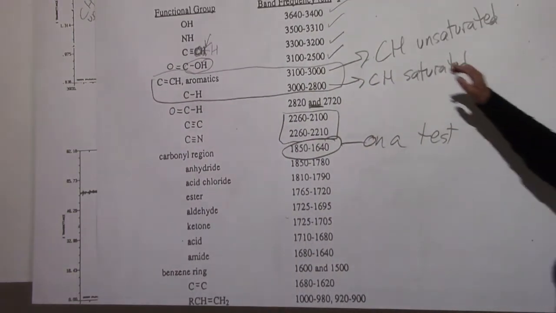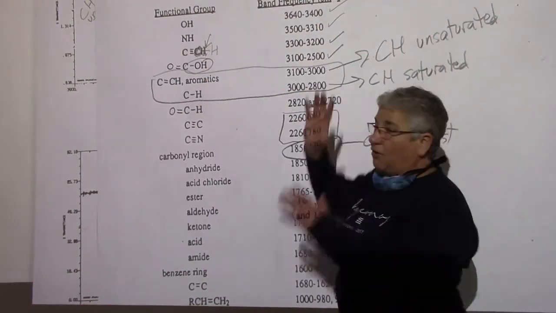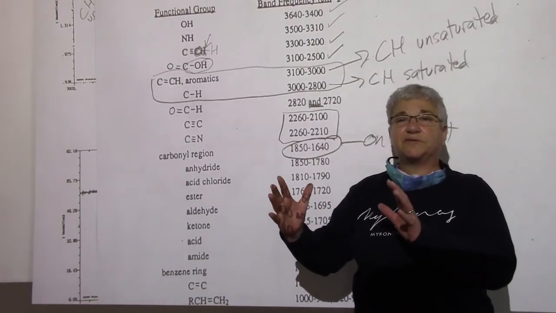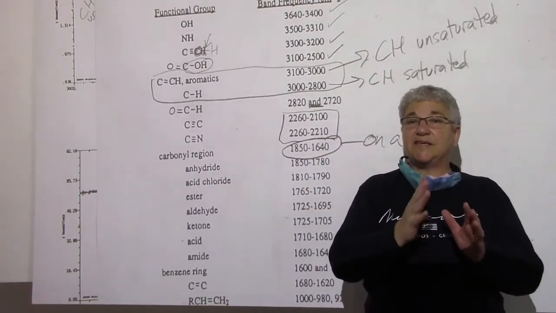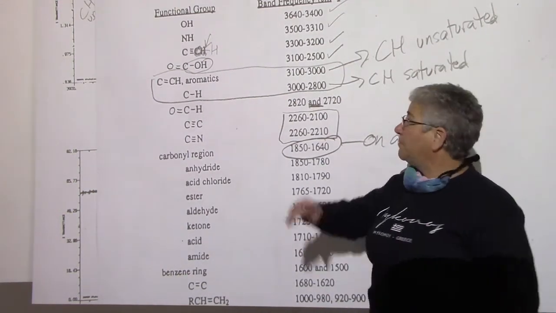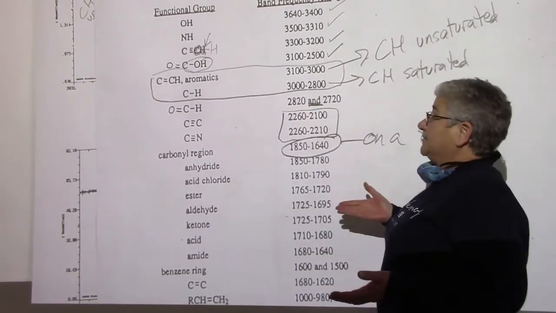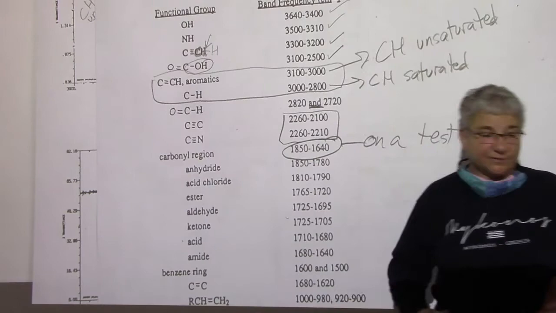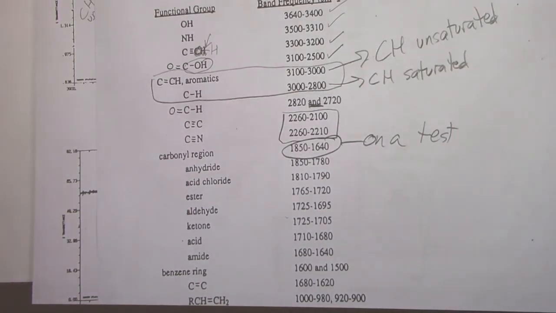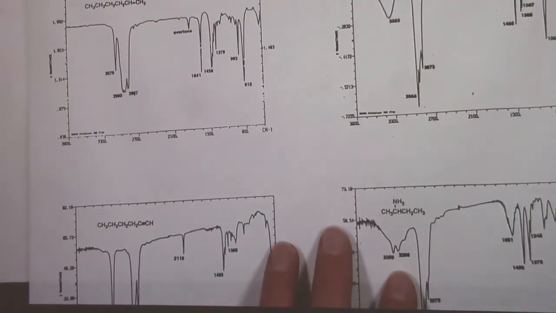Right now you know that OH and NH and this hydrogen are all in sort of the same area of the spectrum, and then I get my CH stretches, either saturated or unsaturated, and then I have my triple bonds, right? And then the only last thing we have to talk about are our carbonyls. So the next sheet gives you some samples of carbonyls.